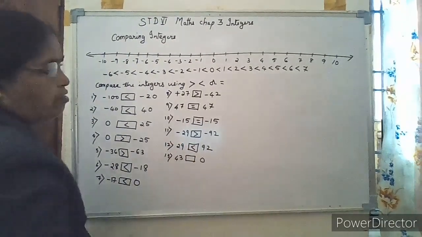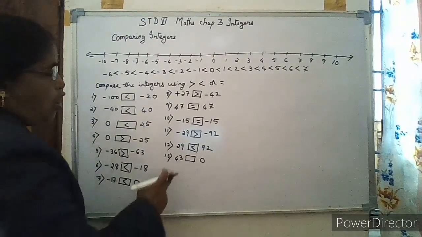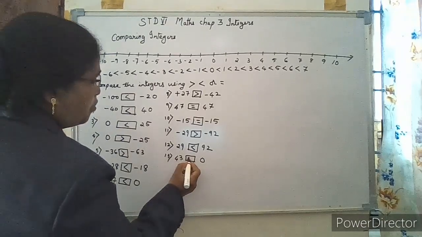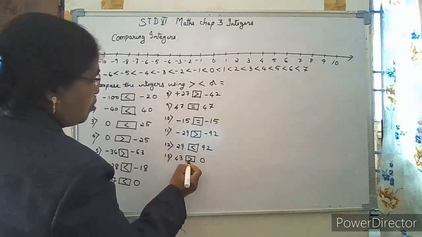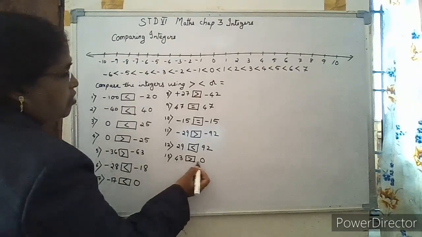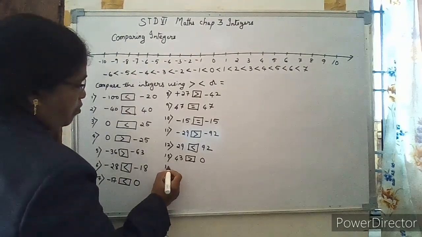Plus 43 and 0 is given. A positive number is always greater than 0. So 0 is smaller here, and this symbol will come: 43 is greater than 0.